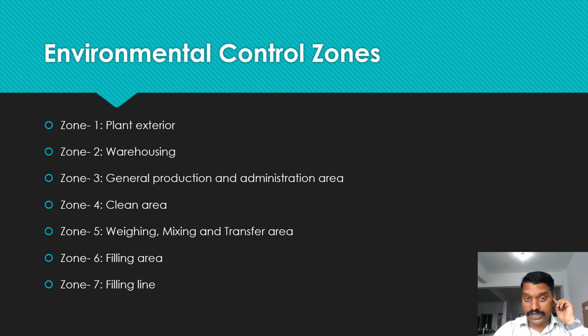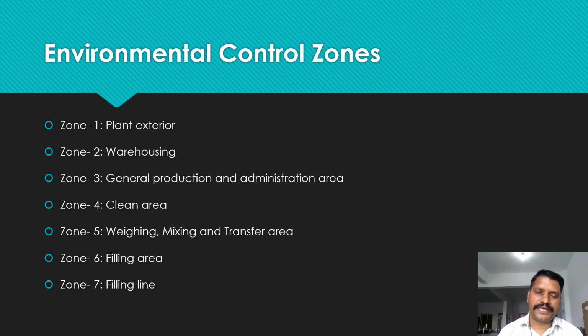In the storage or warehousing area, we need to set some temperature, pressure, oxygen level or percentage of relative humidity for controlling, preventing the material or content in the warehousing area from degradation.